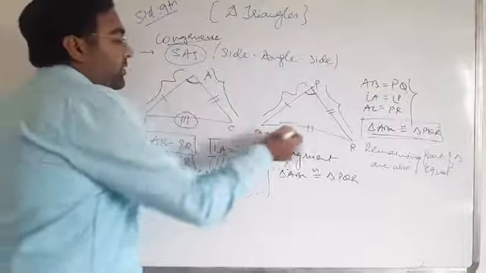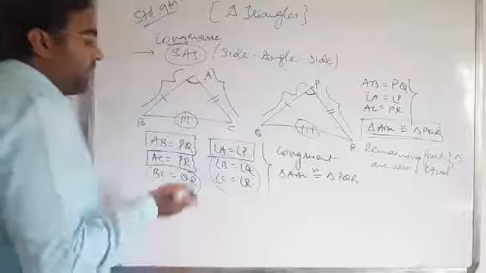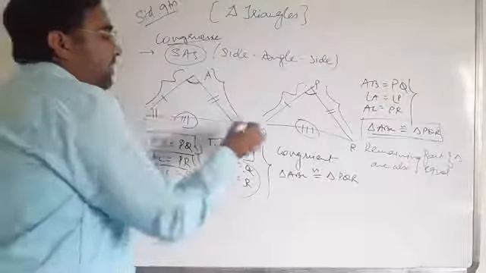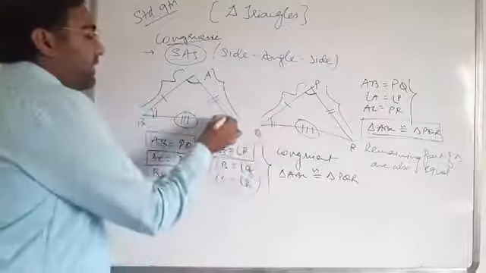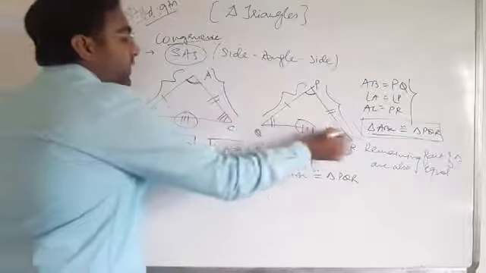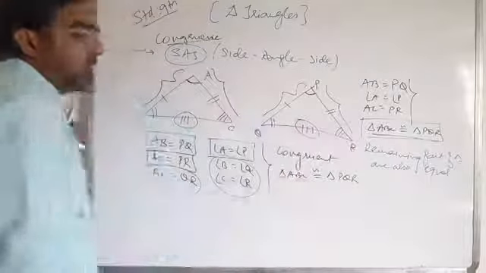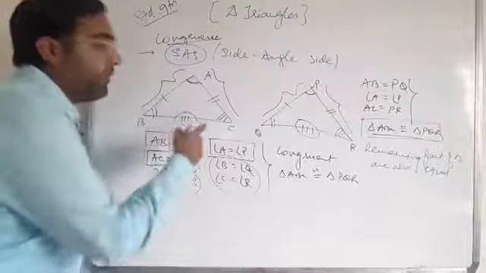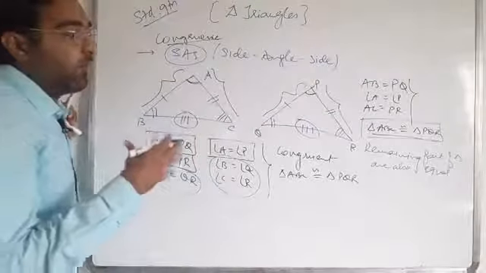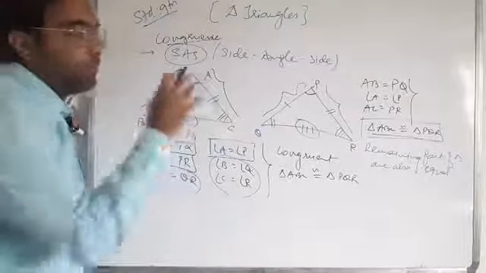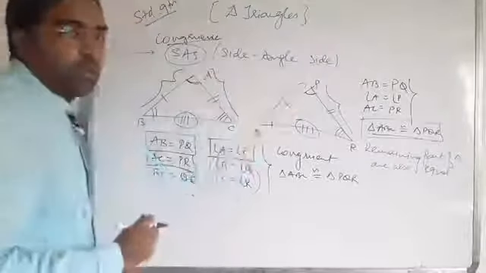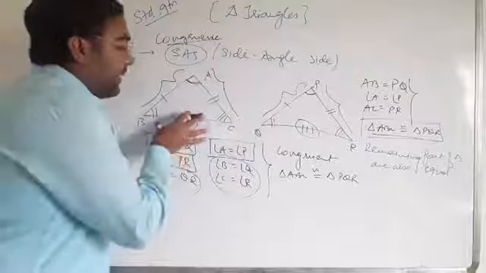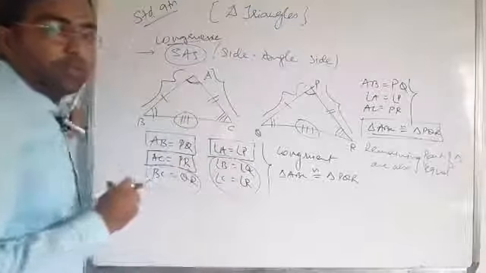BC is corresponding to QR. Angle B is corresponding to angle Q, and angle C is corresponding to angle R. So that concept, that corresponding parts are equal in congruent triangles: if we prove that both triangles are congruent, then the remaining corresponding parts are also equal.